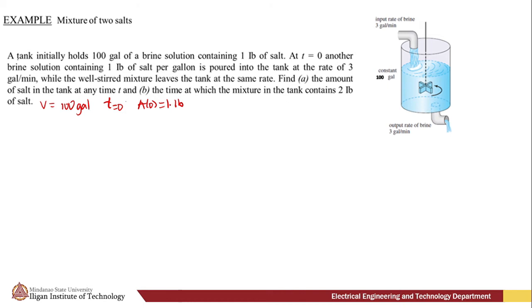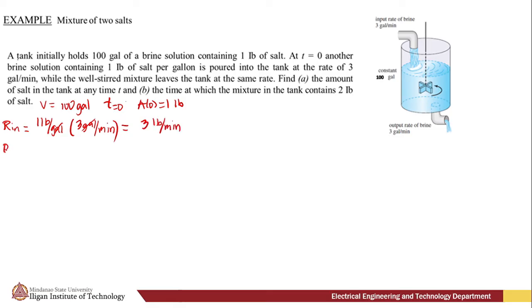To apply our differential model, we need to identify first the input and output rate. For the input rate, we have 1 pound of salt per gallon times 3 gallons per minute. Simplifying this, our R in is equal to 3 pounds per minute.